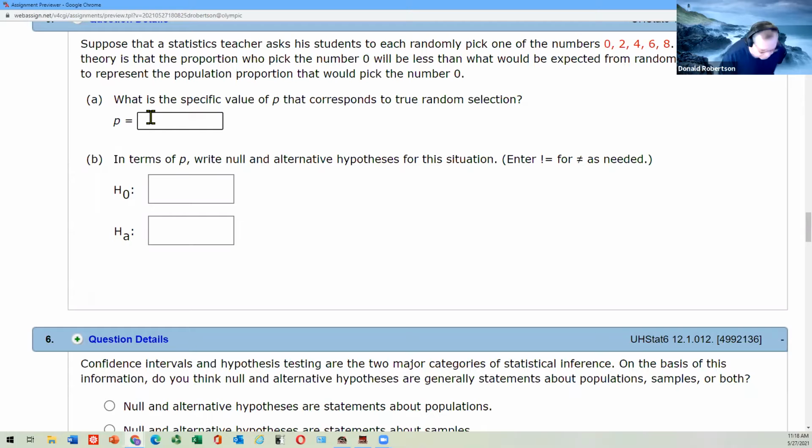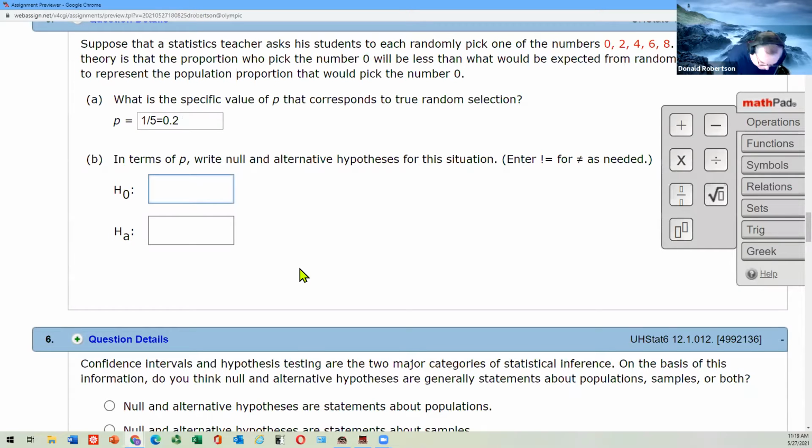Not even a percentage, what proportion would be a 0? Would you agree 1/5? Right, there's 1, 2, 3, 5 numbers. If you just randomly picked a number, the probability that you chose 0 should be 1/5. If you want, we'll call it 0.2. So the null hypothesis is going to be P equals 0.2.